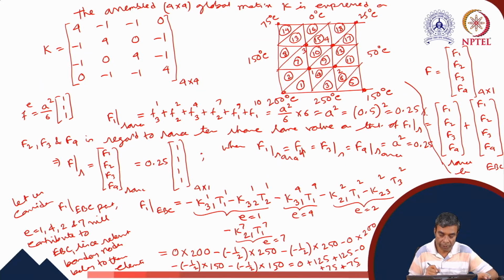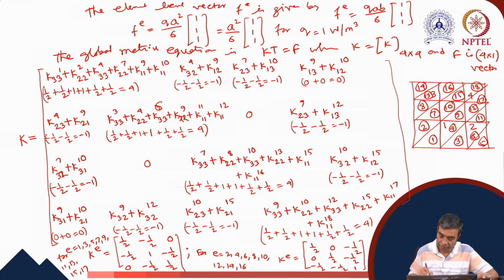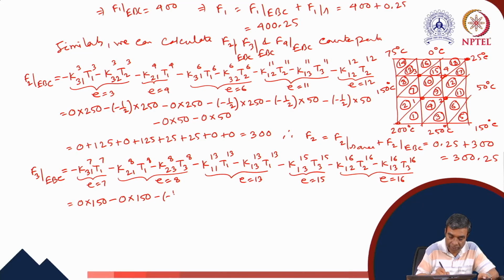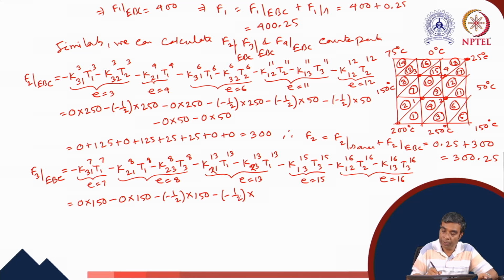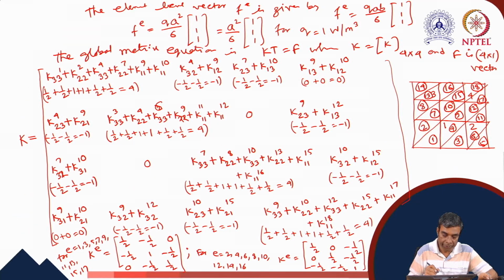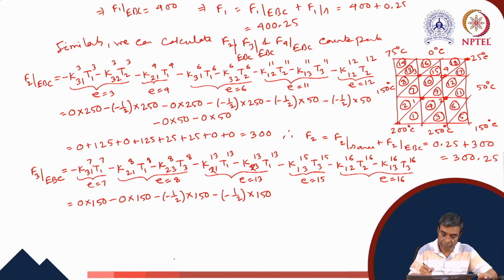Minus K238 T38. K238 is minus half, so this gives us minus half into T38, and T38 is also 150. Minus half into T113, which is also 150 degrees centigrade. Now, minus K2313. K2313 is minus half, so this is minus half into T313.